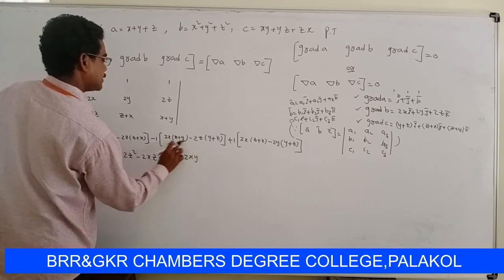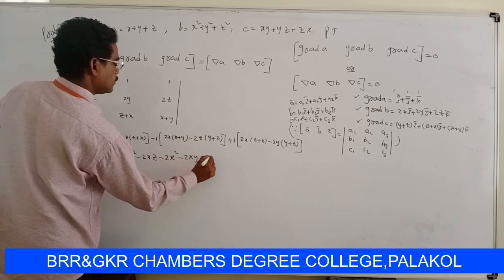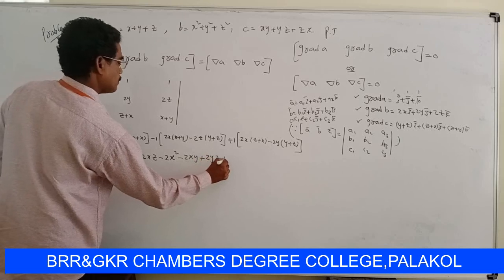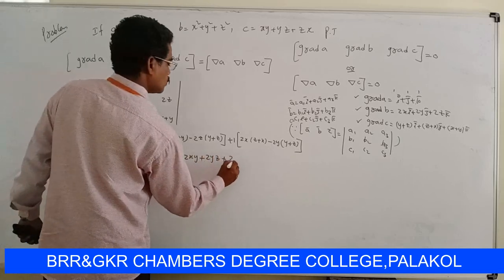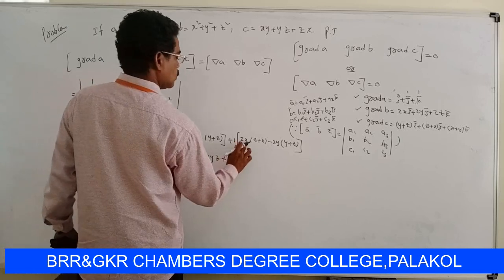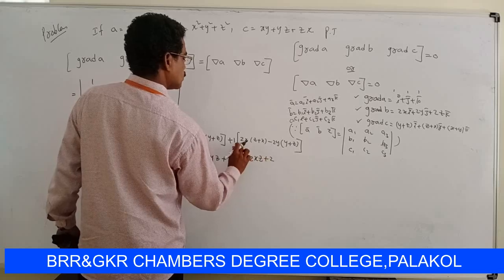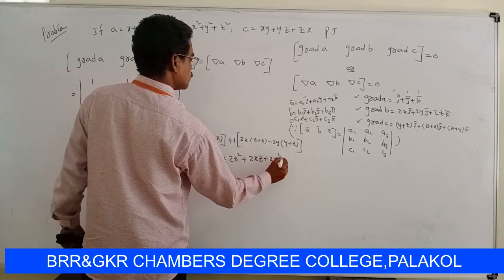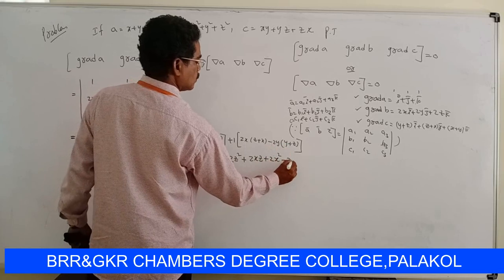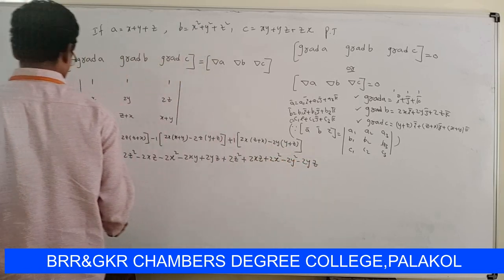Next, minus of minus is plus 2yz, plus 2z square, plus 2x into z, plus 2x into x, 2x square, minus 2y square, minus 2yz.